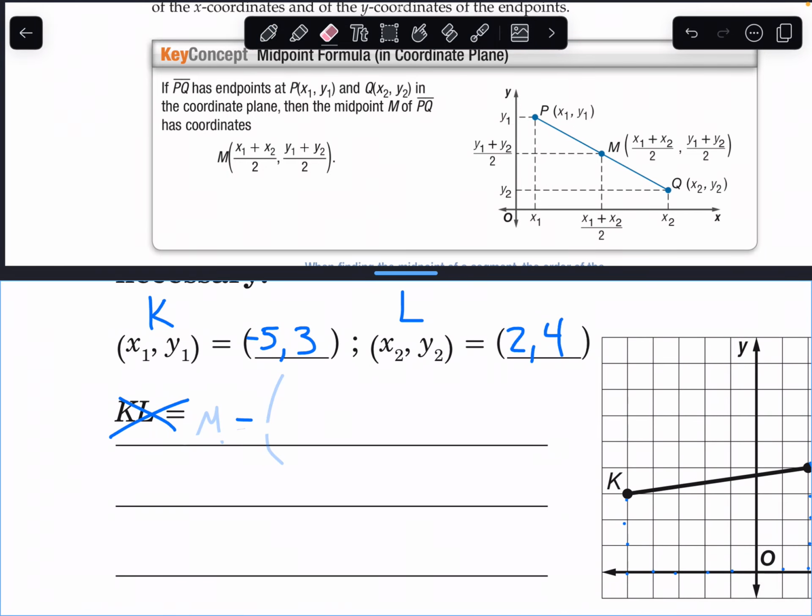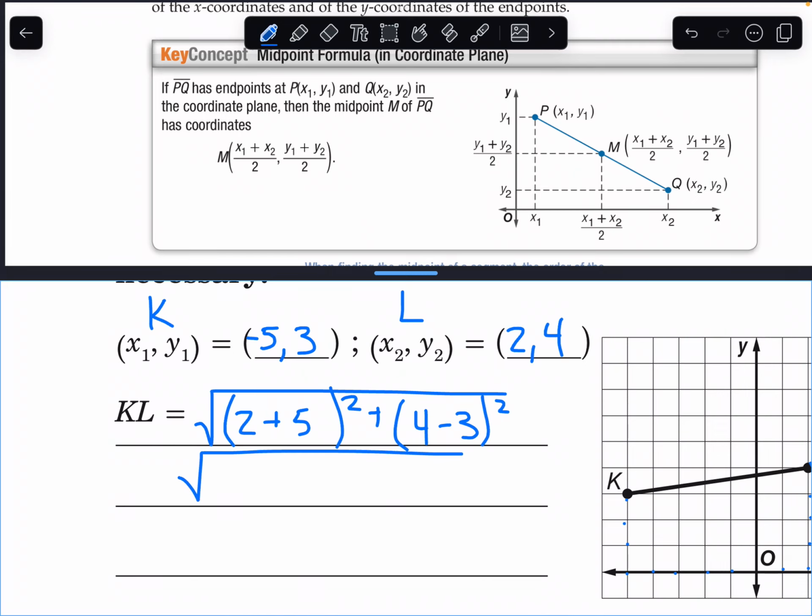Let's just do both. KL, distance, square root of the square of the differences. X2 is 2, X1 is negative 5, subtract negative 5 is plus 5, square. Add, parenthesis, Y2 is 4, subtract Y1, 3, square.